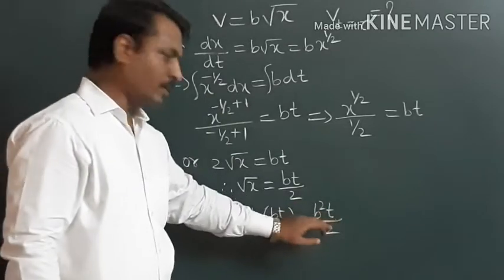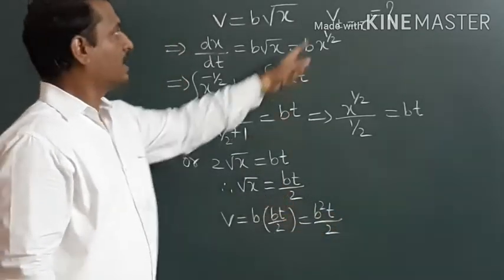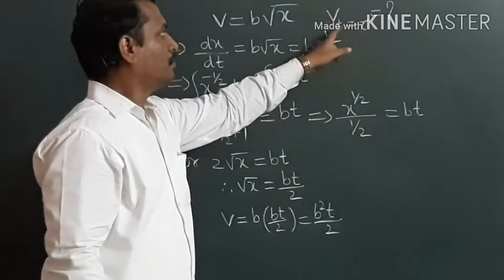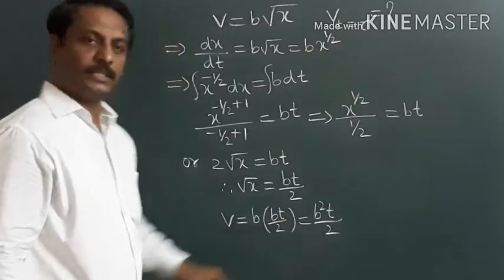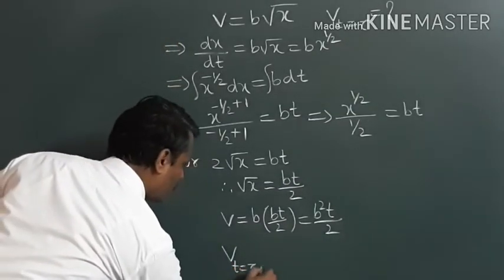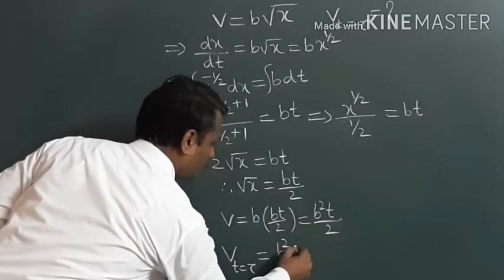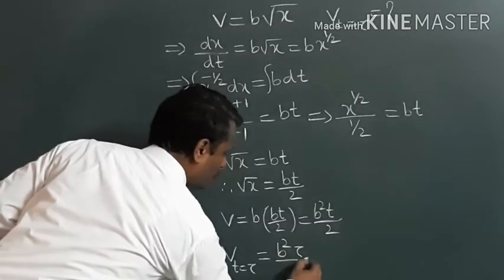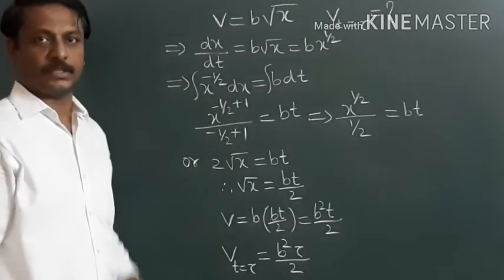Now this expression involves t. So now to find the velocity at t equal to tau, simply you substitute t equal to tau in this equation. Then you will get velocity at t is equal to tau is equal to b square, in place of t I will put tau. So b square tau by 2. So this is the answer.